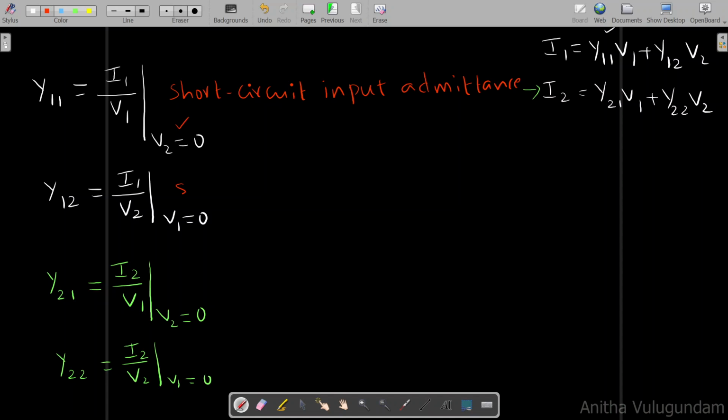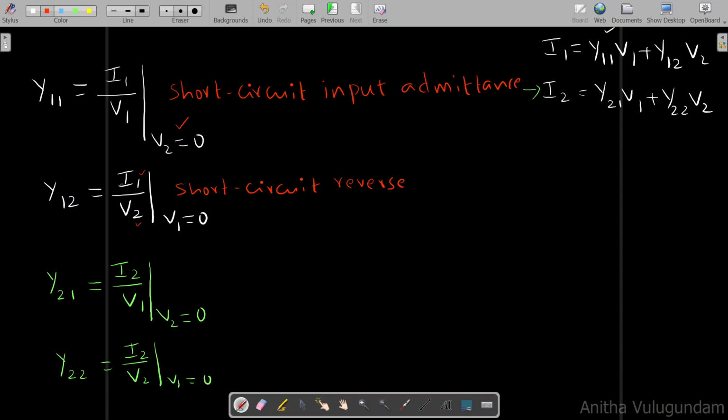V1 equal to 0 indicates we have to write short circuit. Next, look for the ratio. It is the ratio of a port 1 variable to a port 2 variable, then we have to write it as reverse. If the ratio is port 2 to port 1, you have to write forward. And this is the ratio of port 1 variable to port 2 variable, reverse.